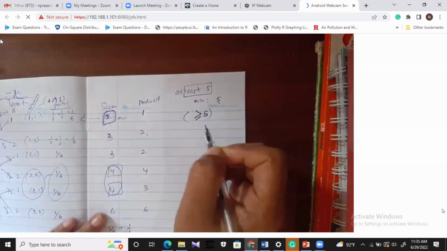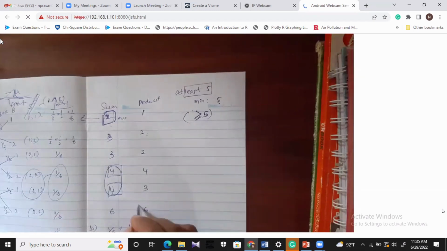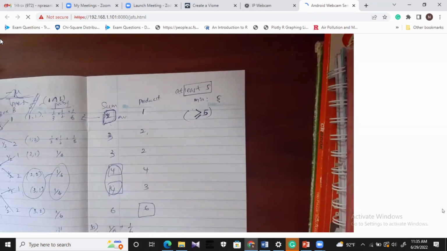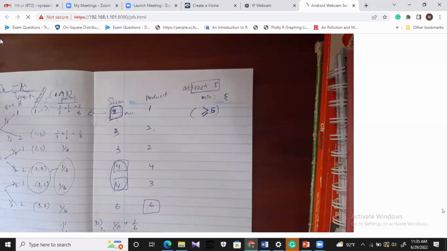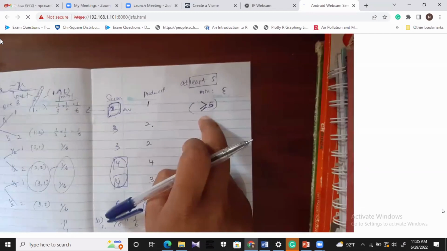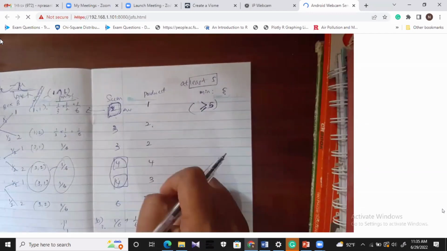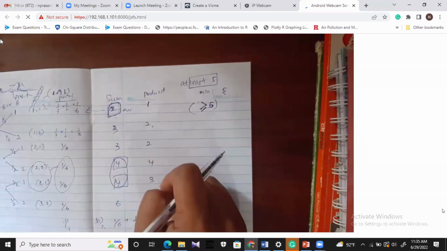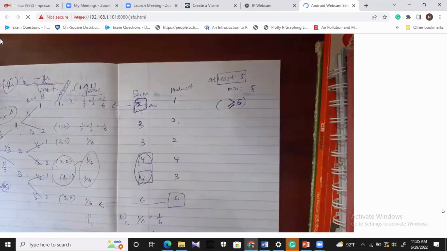So we have only one value, no? That is 6. The product is 6. That is the only value greater than or equal to 5. Therefore, what is that probability? That should be 1/6. Understand? Did you understand, students?